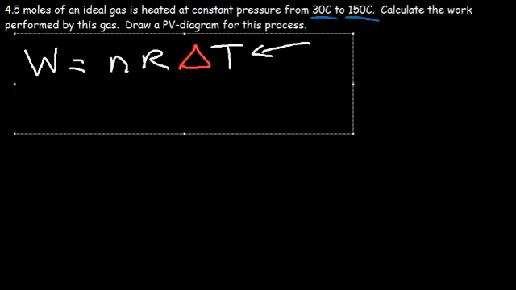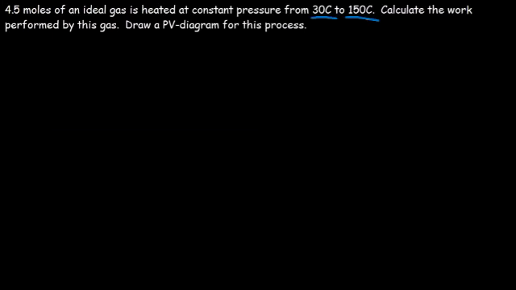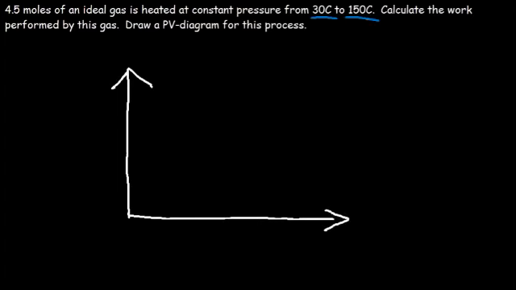So now let's draw a PV diagram. Now that we know the volume is increasing, we can know which direction in the PV diagram we're moving towards. So here's the pressure, here's the volume. We don't know what the current pressure is, so let's just call it P0.